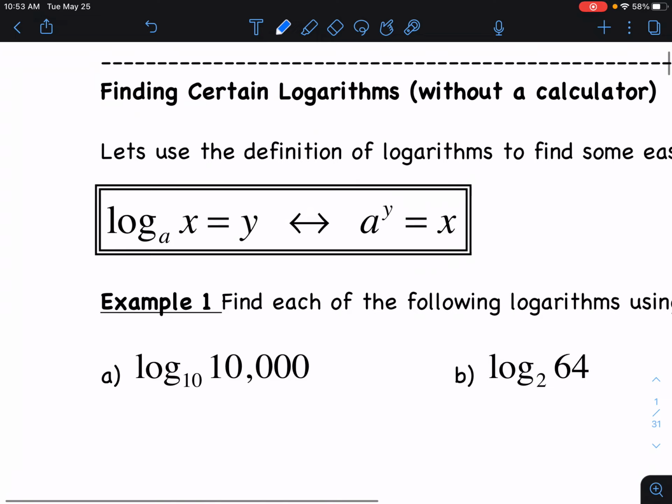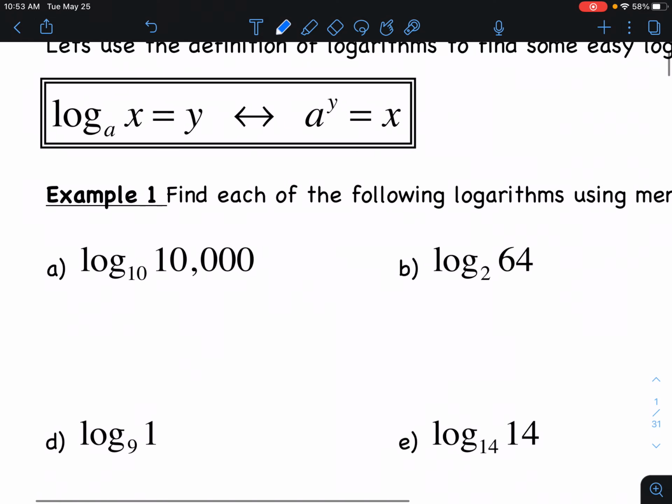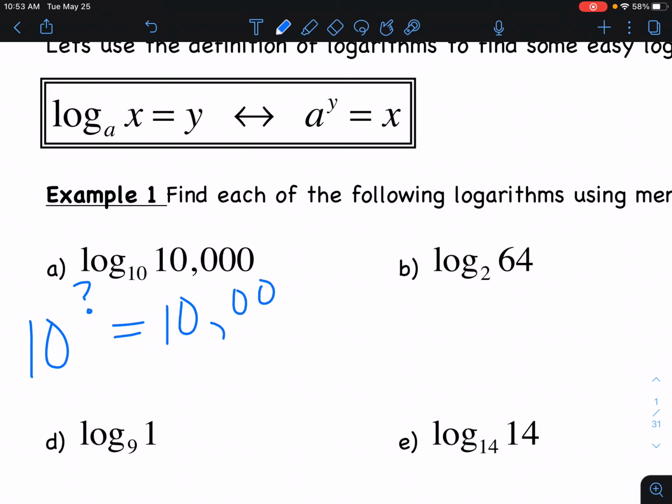So in example 1, we're going to find each of the following logs using mental math. So log base 10 of 10,000. We've got to think, 10 to the power of what is 10,000?